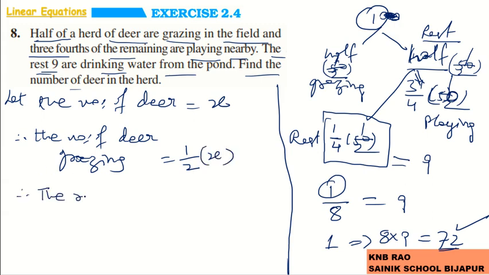Therefore, the remaining number of deer equals half; half is gone, so the rest half, that is x by 2, is the remaining number of deer.